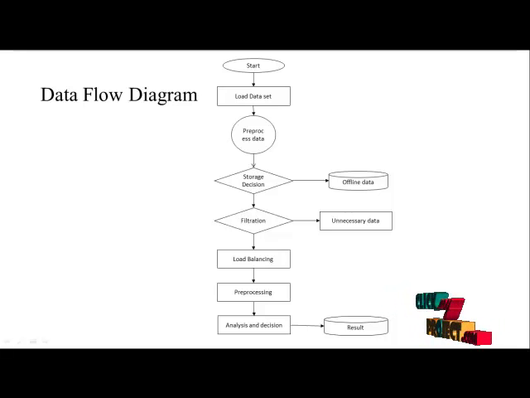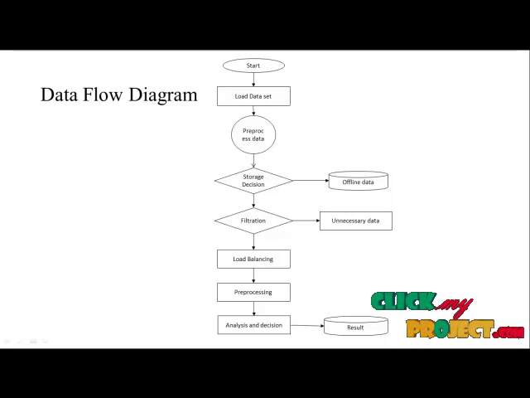The pre-processing module will delete the error data or null data in the records in the database. In the storage decision, if it is offline data, it will be stored in the offline database, and the online data will be sent to the filtration module. The filtration will delete the unnecessary and unusual data.